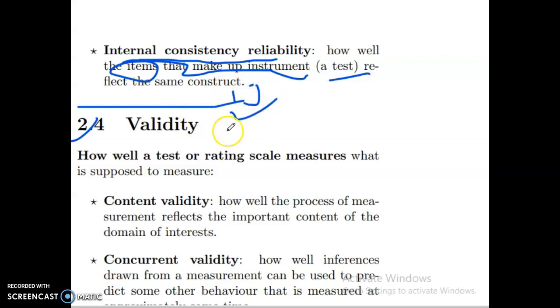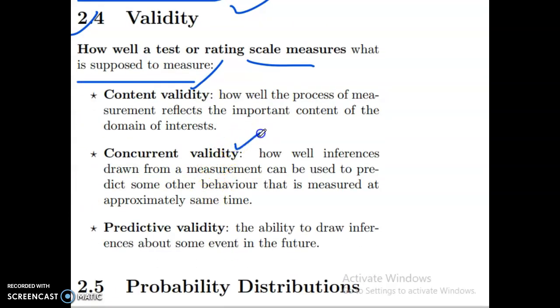Validity: how well a test or rating scale measures what it is supposed to measure. Content validity, concurrent validity, predictive validity. Content validity: how well the process of measurement reflects the important content of the domain of interest.